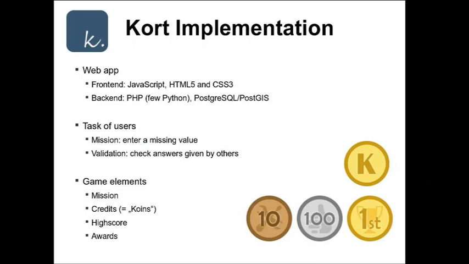The implementation of Kort was made with JavaScript, HTML5, and CSS. The backend is PHP with a few Python scripts, and then there is a Postgres database backend with the PostGIS extension. The main goal is to fulfill a mission, which is nothing more than entering a missing value of an OpenStreetMap object.